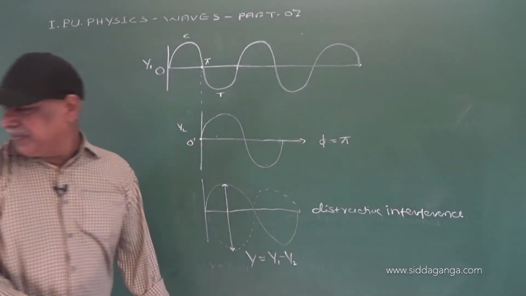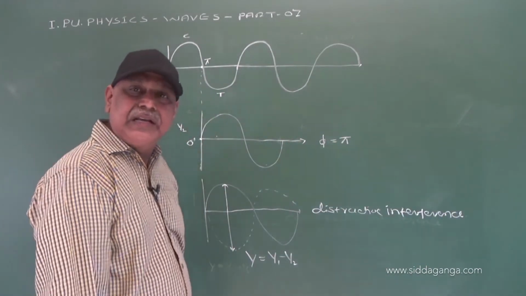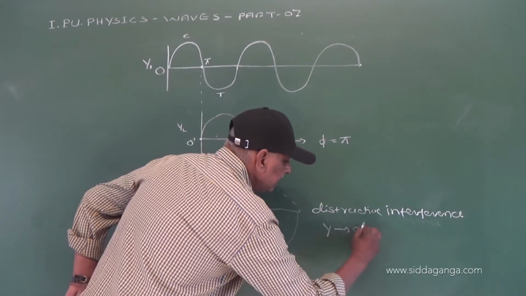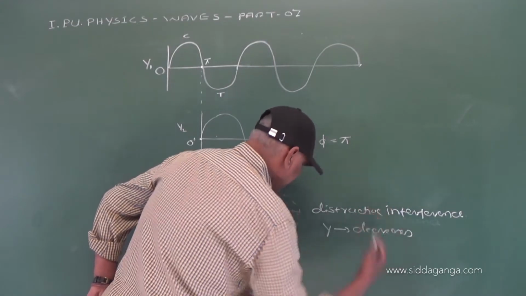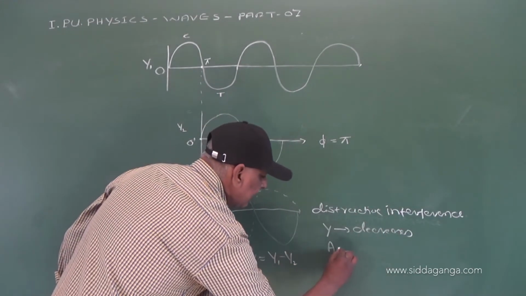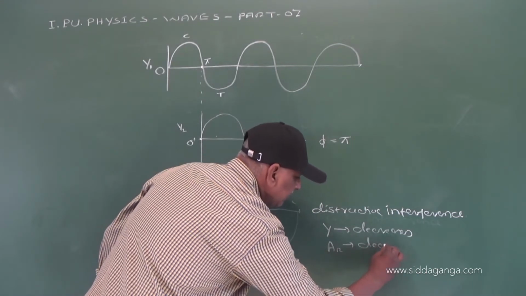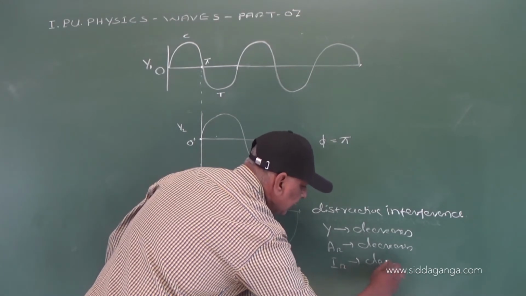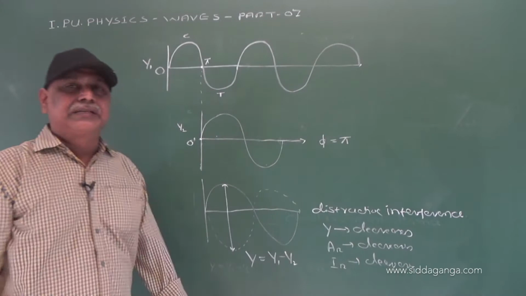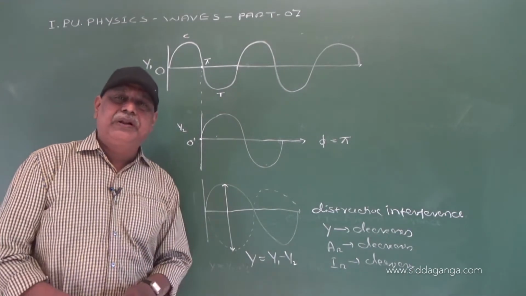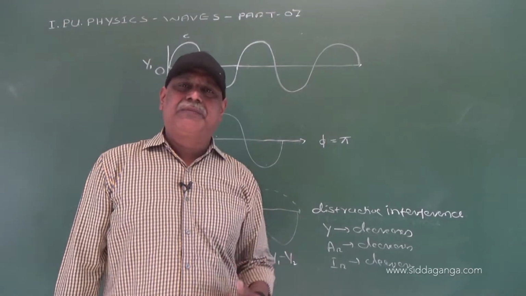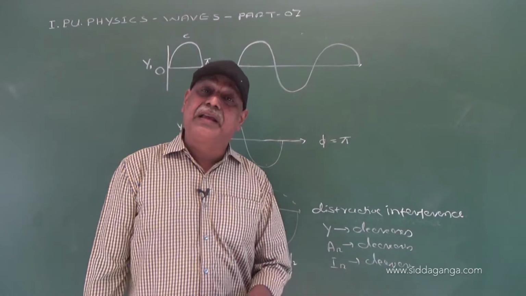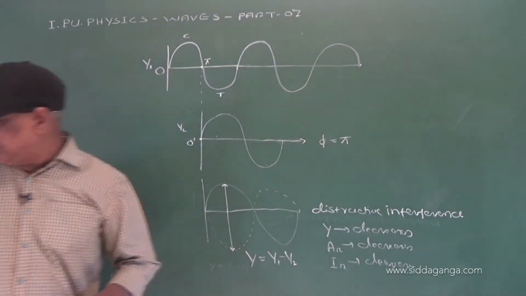When destructive interference takes place, the resultant displacement decreases, the resultant amplitude also decreases, and the resultant intensity also decreases. So when destructive interference takes place, the resultant displacement, resultant amplitude, and resultant intensity decrease. So this is destructive interference.